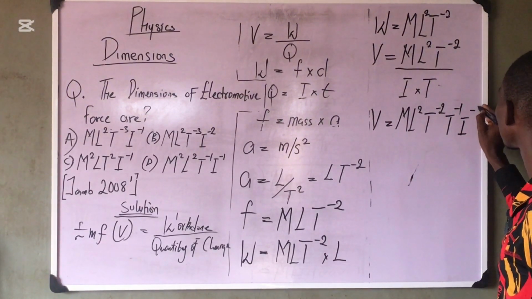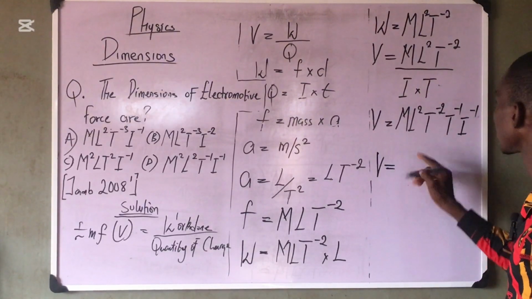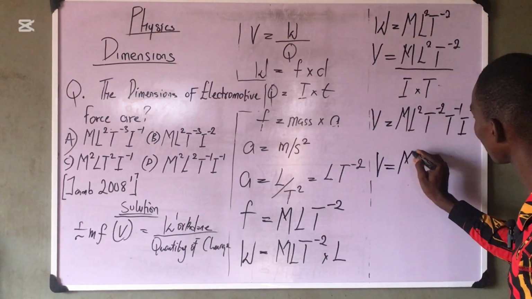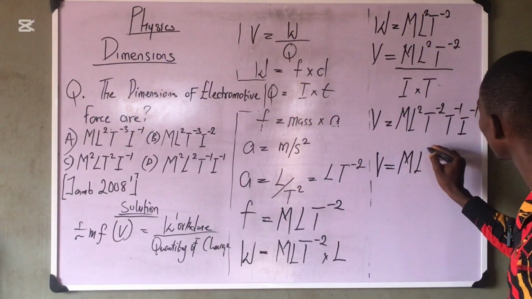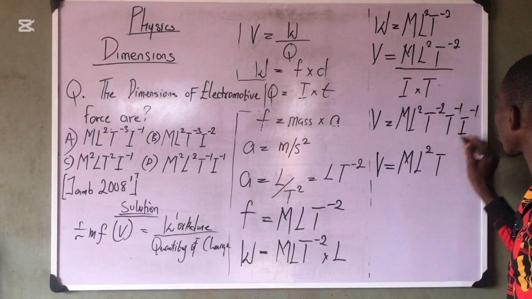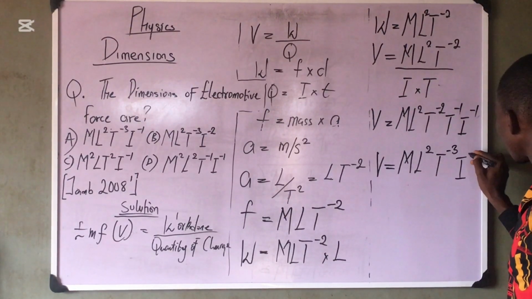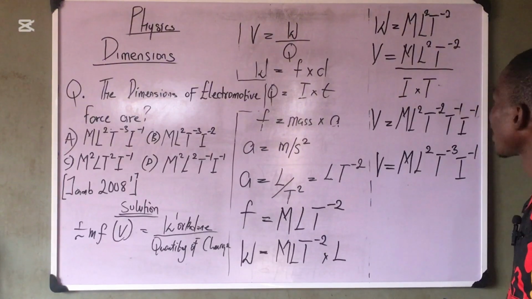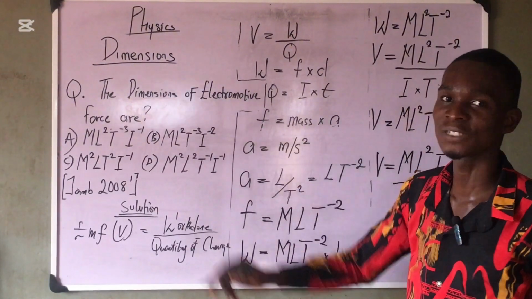Current will still be minus 1. So that I will have my EMF to be the mass M, L squared. We have time to be minus 2 minus 1, which will give me minus 3. And the current remains minus 1. And this is the dimension of the electromotive force.